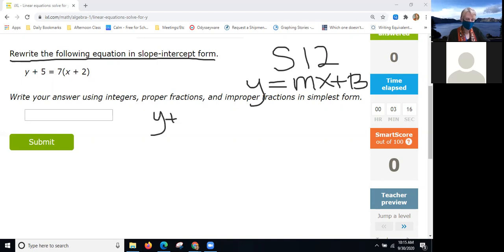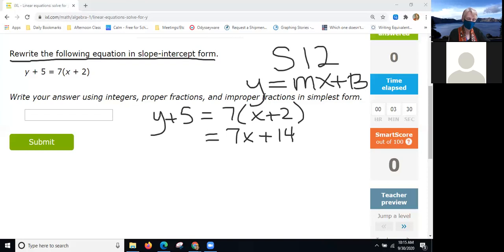So if I had y plus 5 is equal to 7, I'm just going to rewrite my equation. So it's a little bigger and you can see it. And so we have some space here. So I'm going to distribute. I'm going to pretend that I could actually solve this. And then I want to get the y by itself. So I'm going to have to move this 5 over.